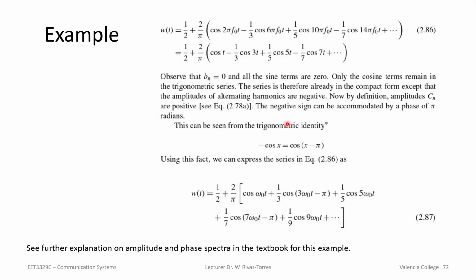You can think about minus cosine as being cosine of x minus pi. So what really happens is all those coefficients have a phase of pi, and when you put that in, some of them end up with a phase of minus pi. That's what the textbook is trying to do.